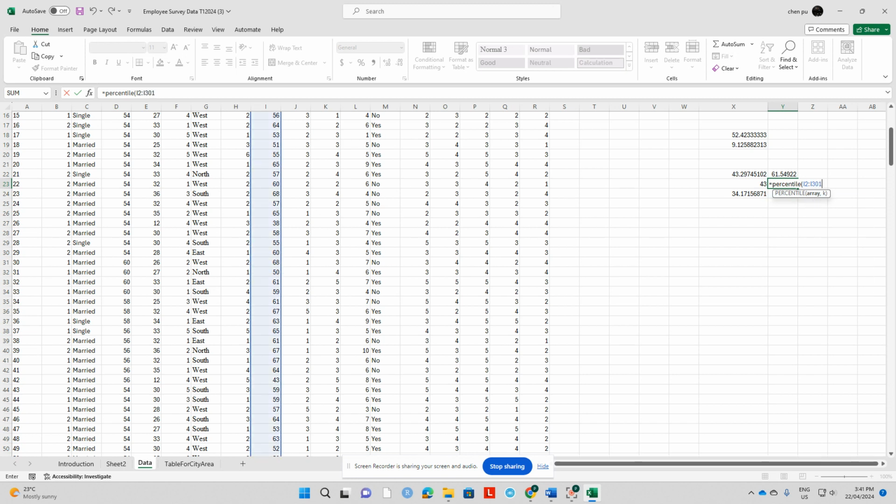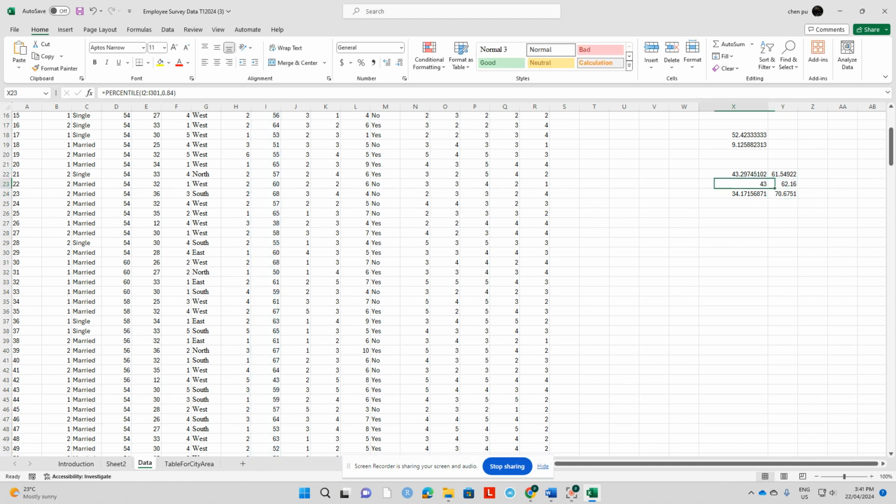Because outside is 16%, I need to calculate the 84th percentile, 0.84, such that outside this point is 16%. So you can see these two numbers are very close to what we calculated as the upper bound.